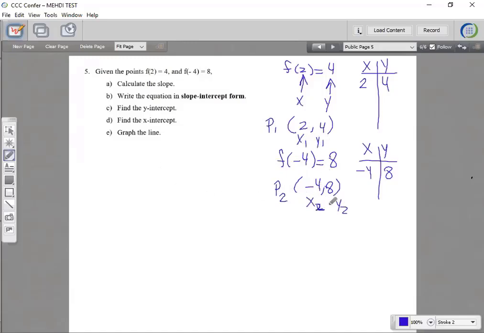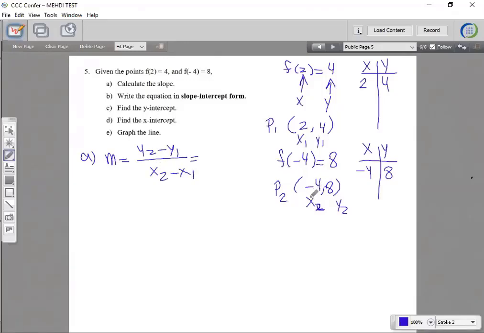Now, if you remember, the slope m is equal to y2 minus y1 over x2 minus x1. That's all I have to do, just substitute the values here.